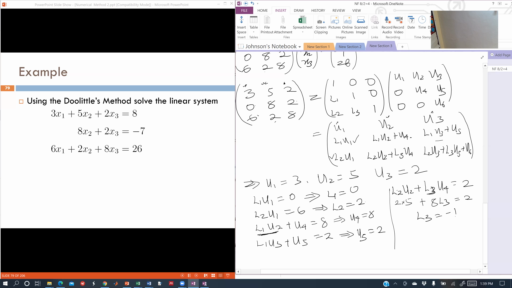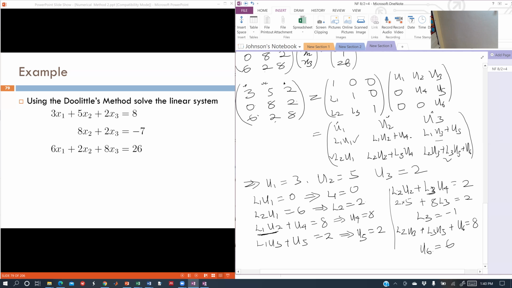1. Then finally, I have L2 U3. I'm using this guy now, plus L3 U5 plus U6, and is equal to, according to the value there, 8. When you substitute all of them in and solve, you get U6 to be equal to 6.